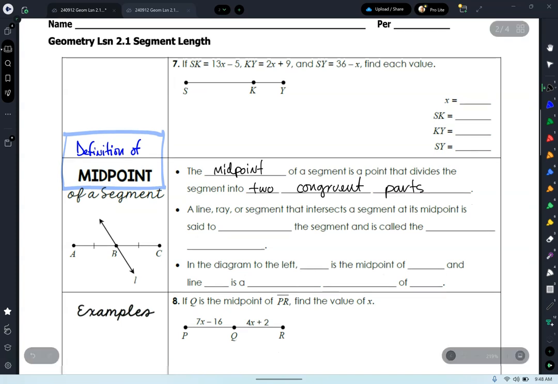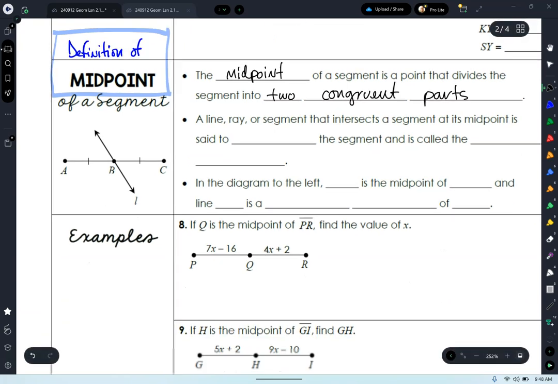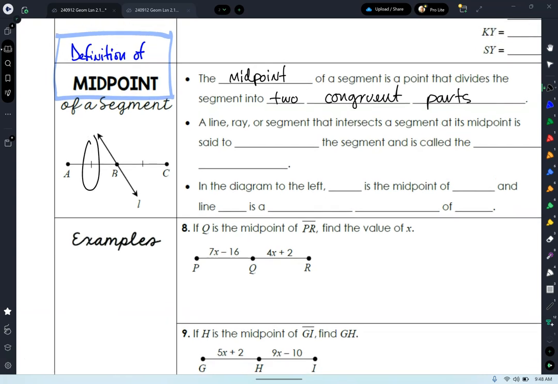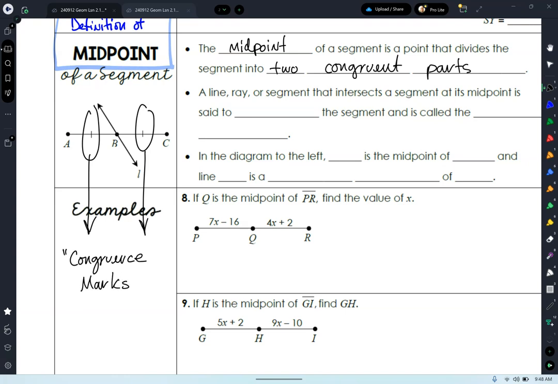Now, we can see that B is the midpoint of segment AC, and we can determine that from these markings right here. I want you to circle them and drop a couple little arrows down like this. These are called congruence marks. We've seen them. They've shown up in our 3D unit a little bit, but we're going to define them and make sure we're really clear on them.